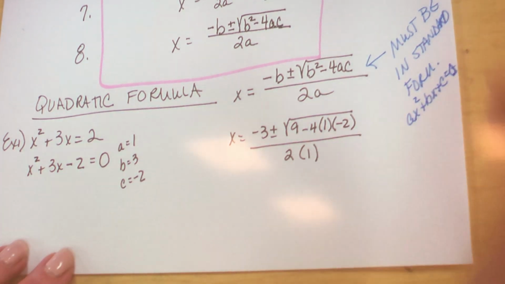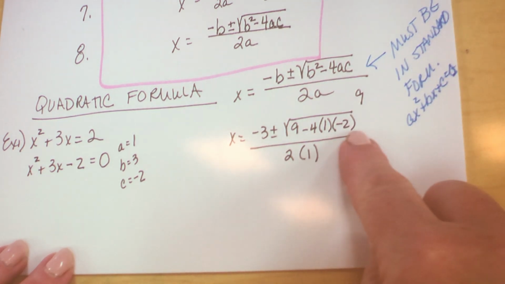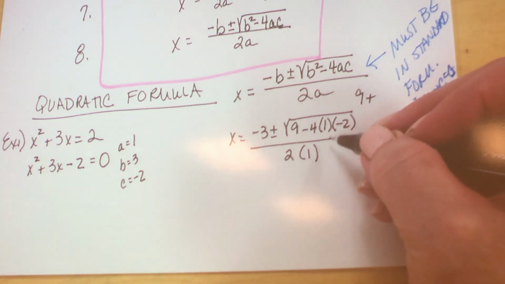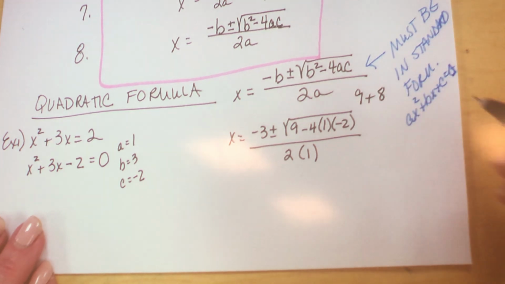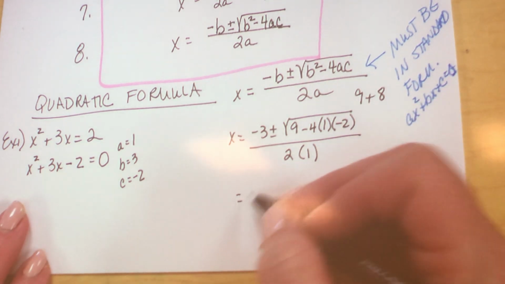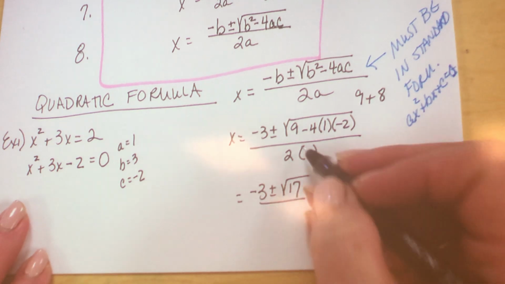Two negative signs make a positive. I don't care about the 1, it doesn't change when I'm multiplying. 4 times 2 is 8, and it's negative 4 times negative 2, so it's positive 8. 9 plus 8 is 17. And on the bottom, 2 times 1 is 2.